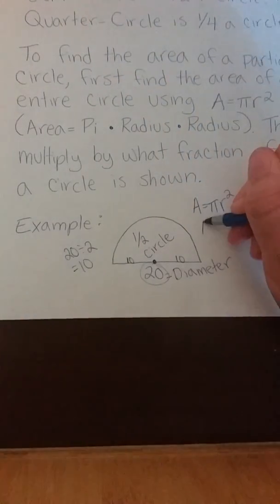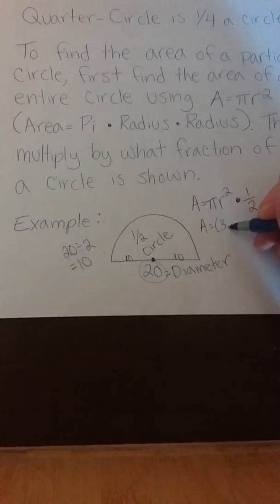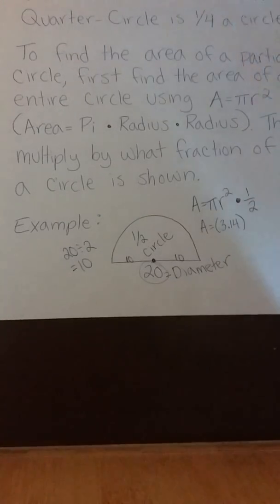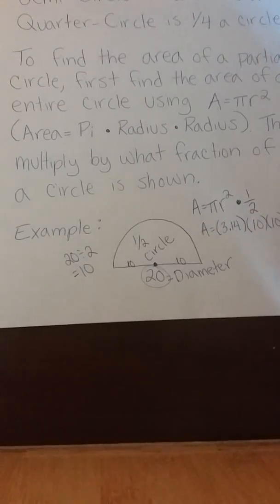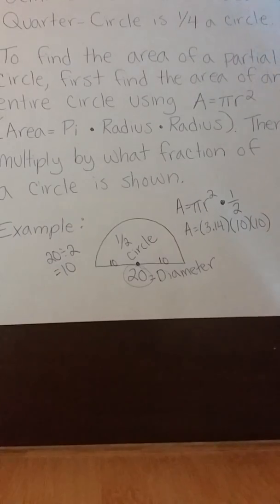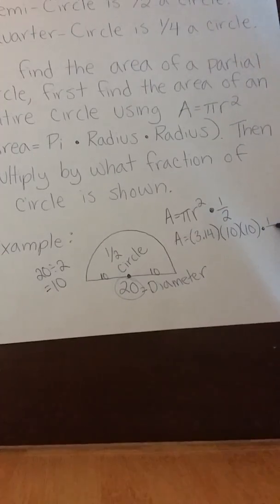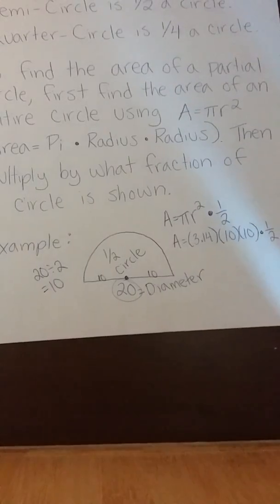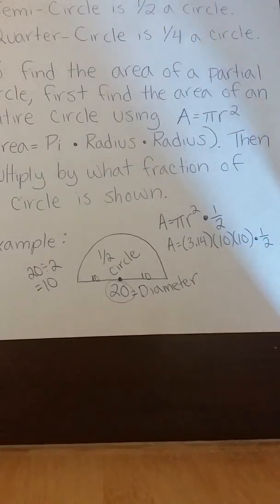So into the formula here, I'm going to be doing area equals 3.14 for pi, and then r squared, that's radius times radius. My radius is 10. And then I'm just doing at the very end times 1/2, because this is a half circle. Okay, so now those are all on the same side of the equal sign.